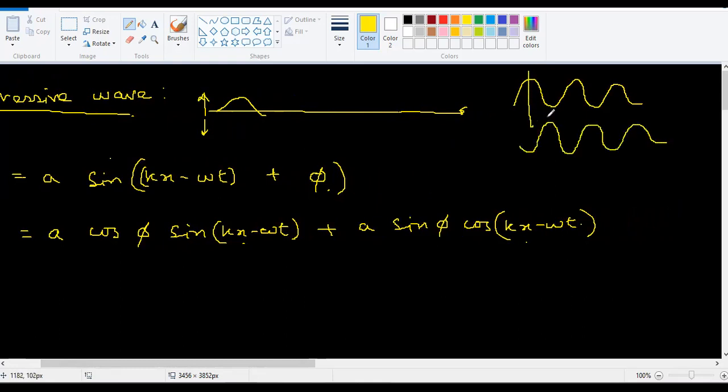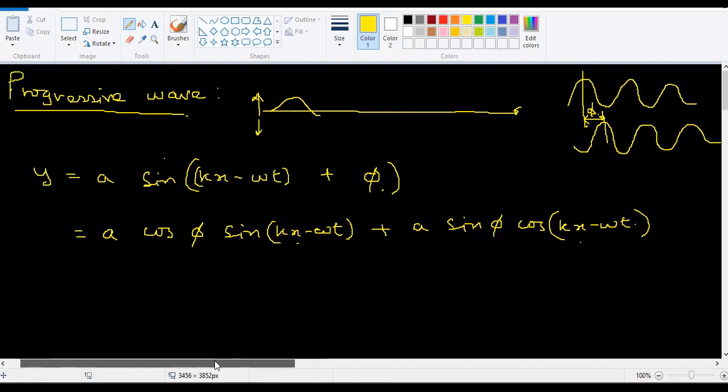The angle difference between this peak and this peak, that's what we would call phi. Suppose you have two waves like this, then you can represent it as one single sine wave. Both have a phase difference of phi.